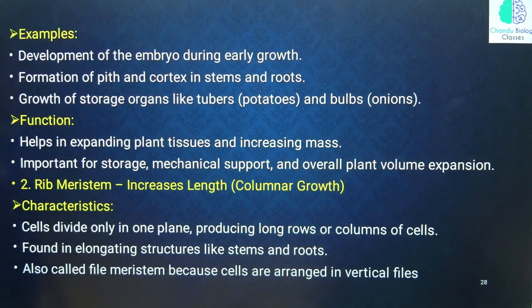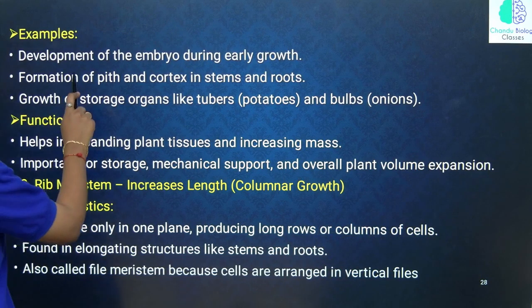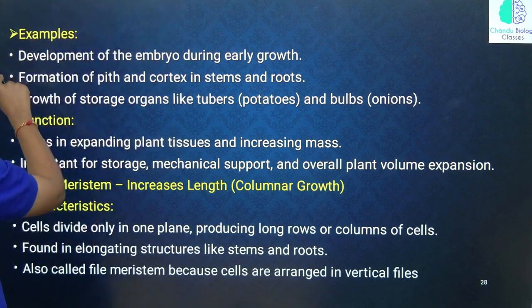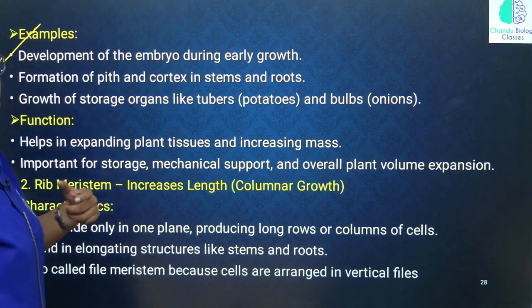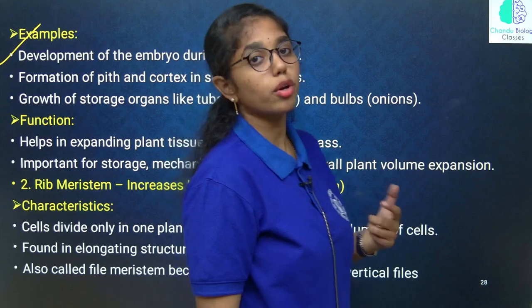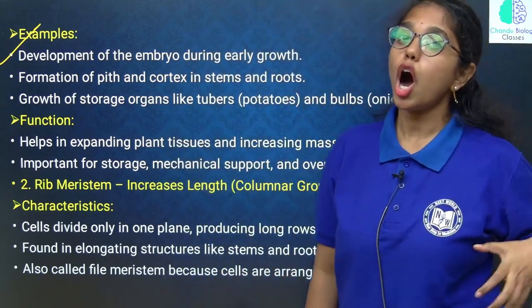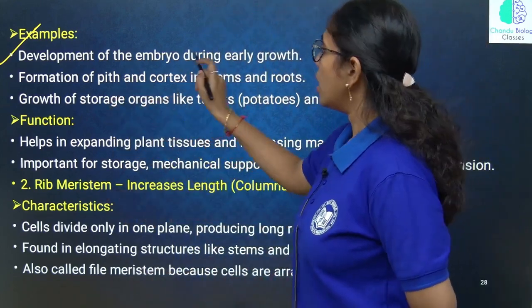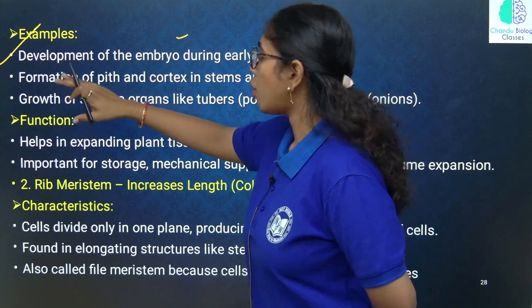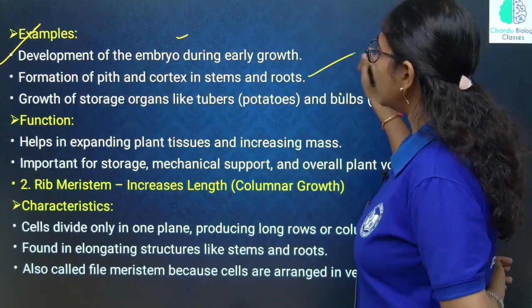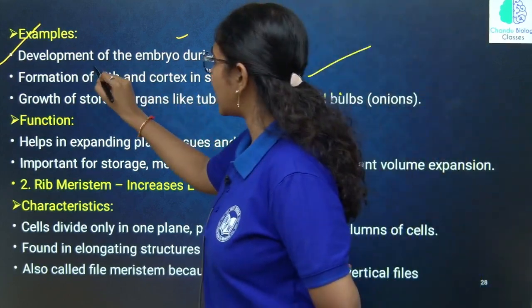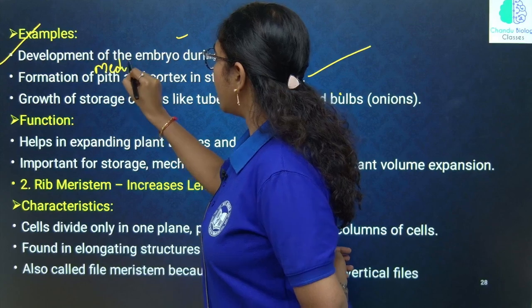Examples of mass meristem include development of embryo during early development. From embryonic meristem, they are totipotent and divide in all planes through mass meristem. This is one example. And formation of pith and cortex in the stem, pith which is also called medulla, okay.